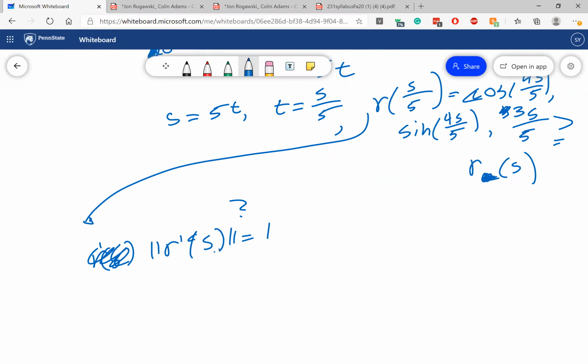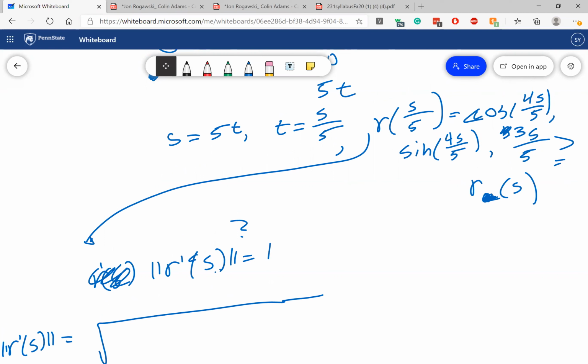So the magnitude of r prime of s is equal to the square root of, and then you take the derivative of the cosine, so you get 4 over 5, and then that would be negative sine squared, and I would take the 4 over 5 out there too, so you would get a 1 over here, and this would be squared, plus the derivative of this would be 3 over 5 squared.